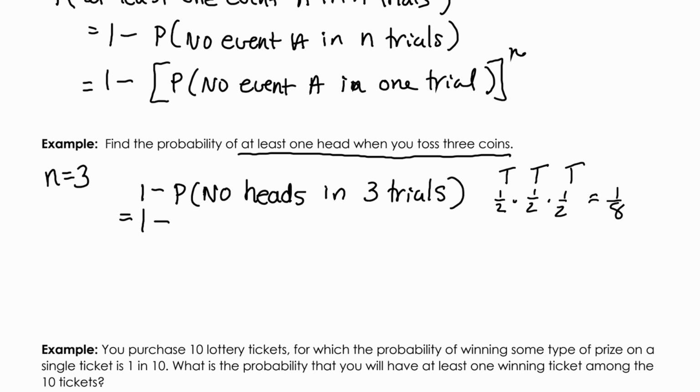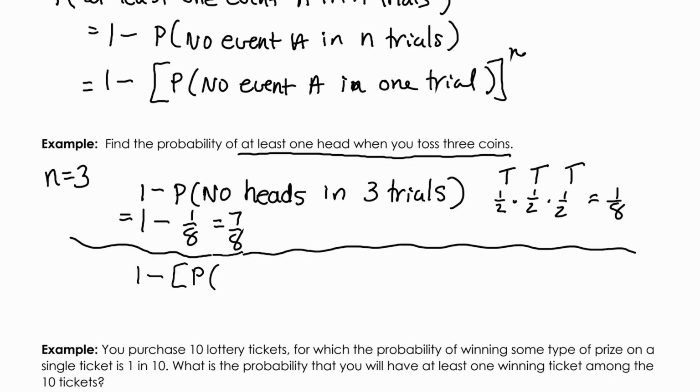And then I have a 1/2 chance of getting tails the third time, which would give me a 1/8 chance of getting no heads in the 3 coin tosses. So I'm going to take 1 minus the probability of no heads in 3 trials, which is 1 minus 1/8, which would give me 7/8. So the probability of getting at least one head when I toss the coin 3 times.